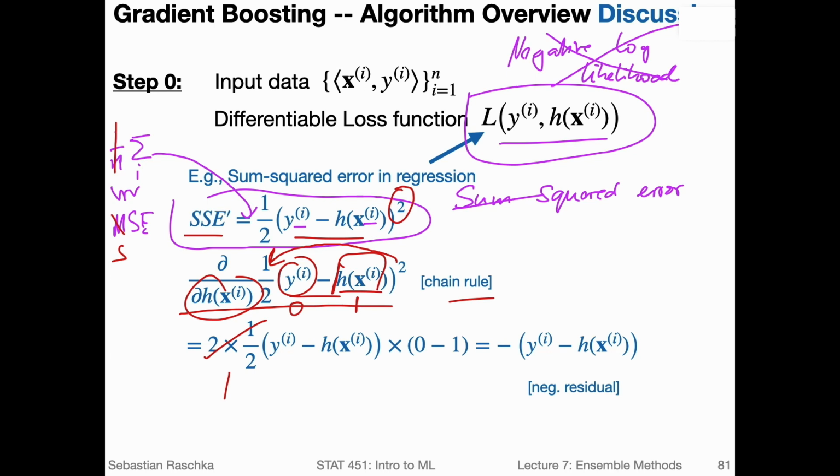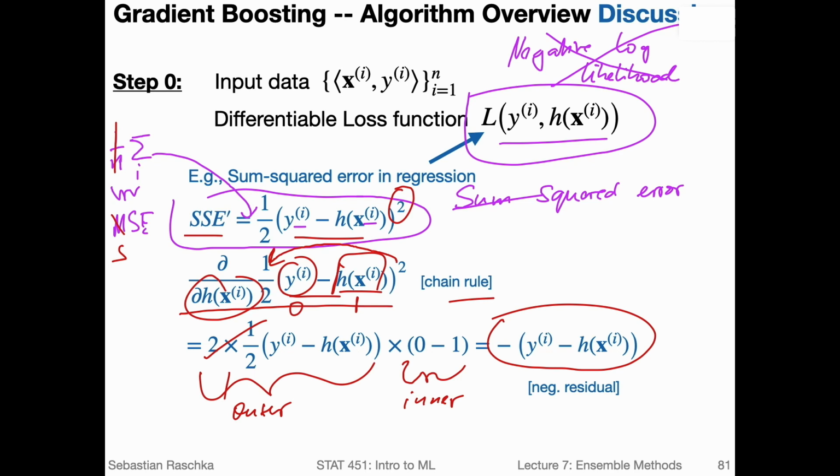What we have then is the outer derivative times the inner derivative, and this gives us this term here, which is the negative residual that we talked about when we walked through the example for gradient boosting. But this is for the sum squared error case, and this is an arbitrary concept. You can use any type of loss function here as long as it's differentiable.